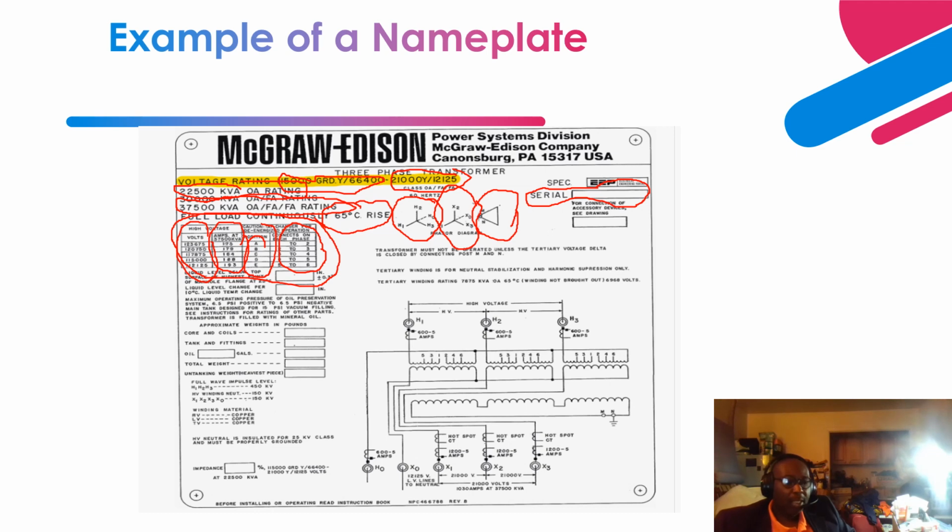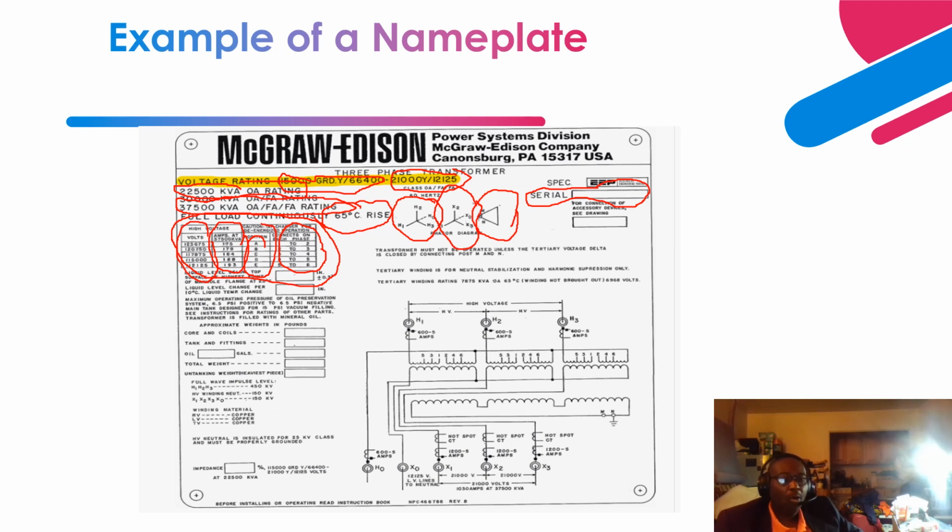Okay, so next is the liquid level change per 10 degrees Celsius liquid temperature change. I made mention that the transformer is filled at room temperature of 25 degrees Celsius. This is a standard that has been utilized worldwide. So the height of the oil inside the transformer will correspond to 25 degrees Celsius.